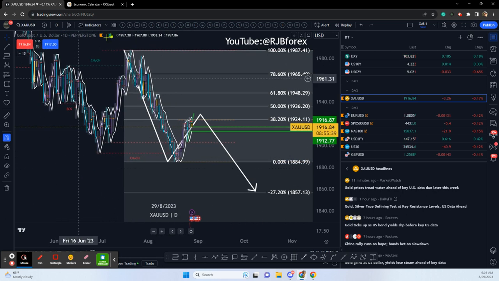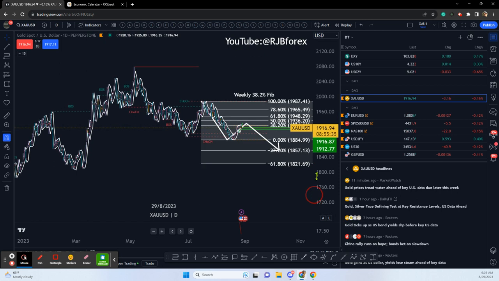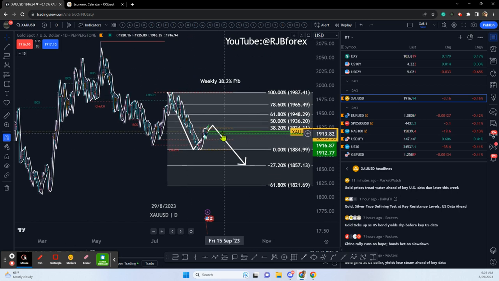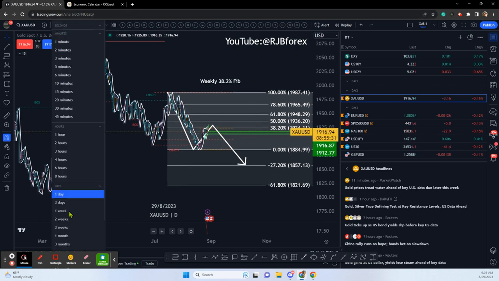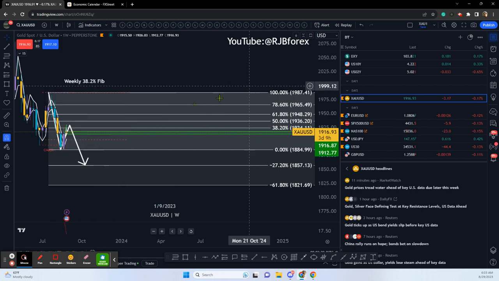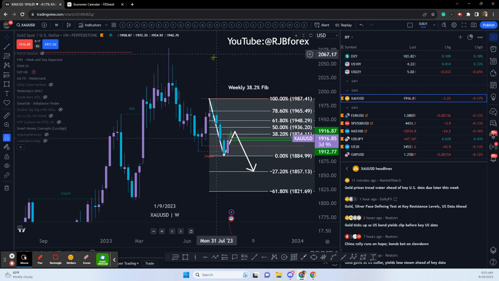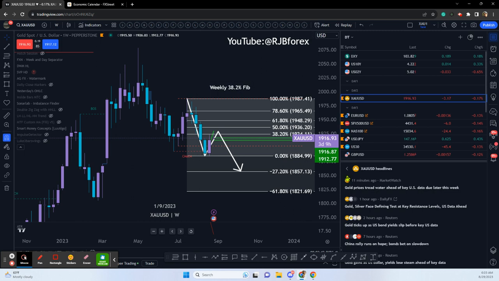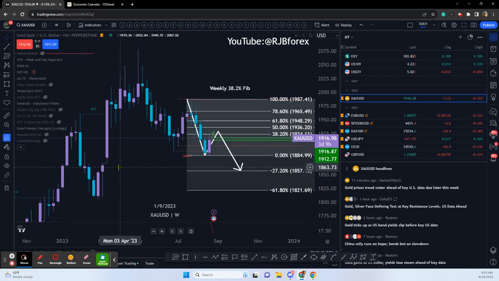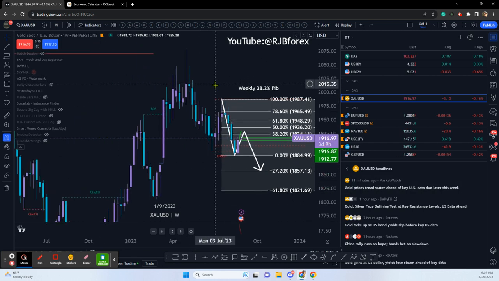So gold on a weekly chart reached the 38.2. So if I come out to the weekly chart, so we had the bearish impulse that broke, the break, not much internal structure.